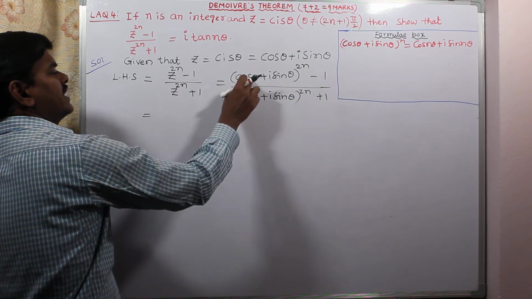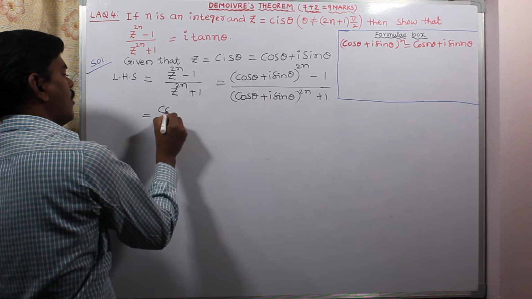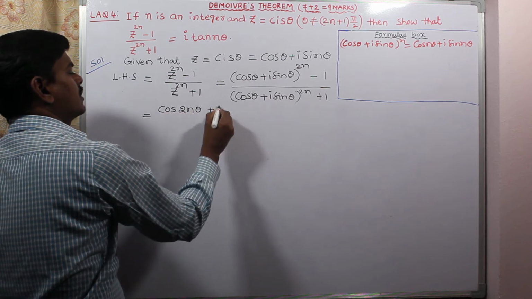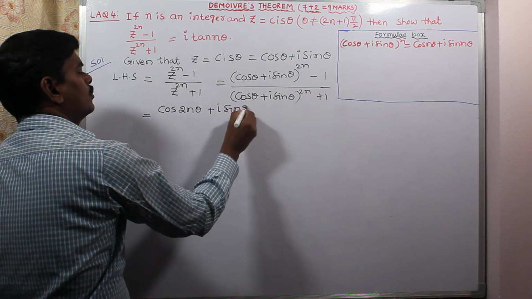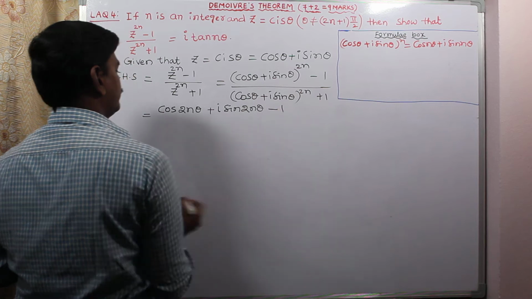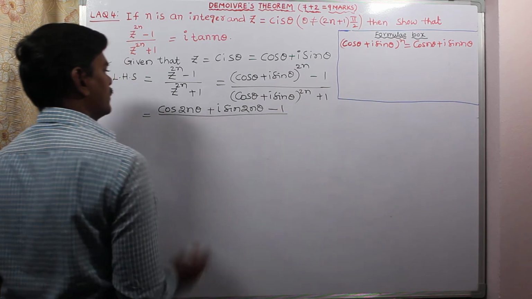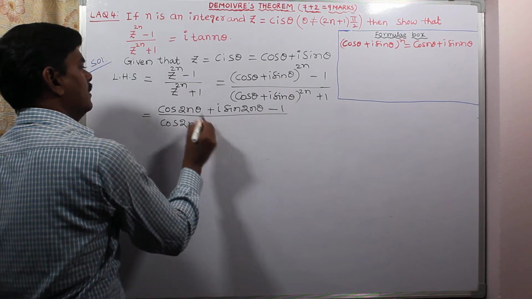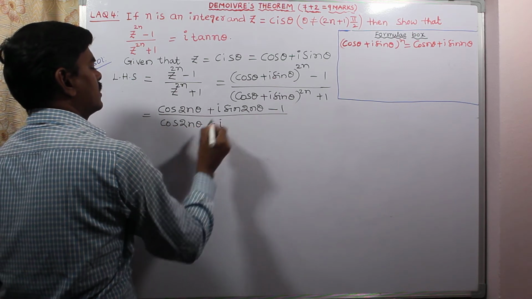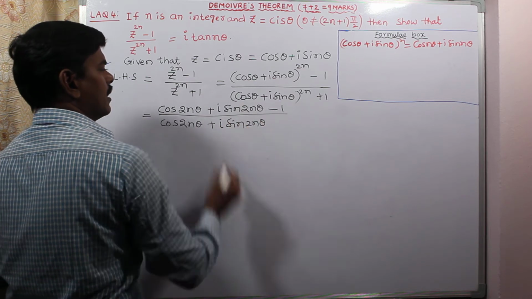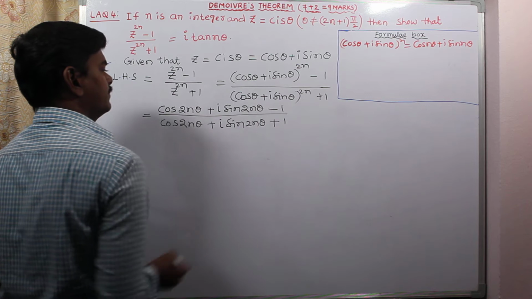On multiplying 2n, it becomes cos 2n theta plus iota sin 2n theta minus 1, whole divided by the same cos 2n theta plus iota sin 2n theta plus 1.